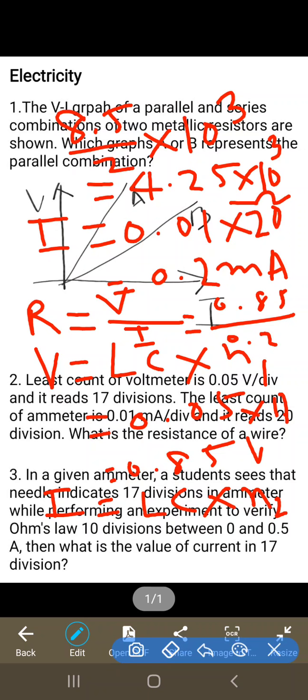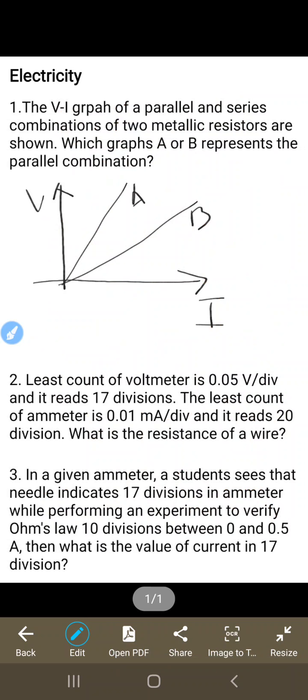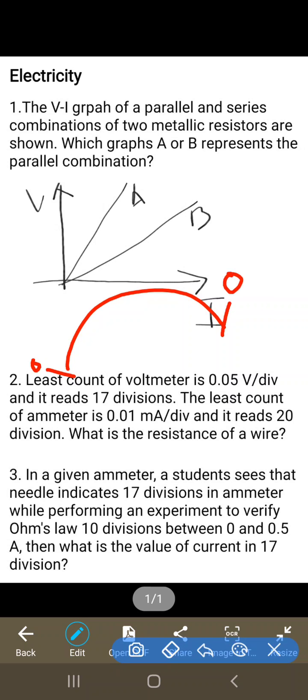Now I move to question number 3. In a given ammeter, a student sees that the needle indicates 17 divisions in an ammeter while performing an experiment to verify Ohm's law. There are 10 divisions between 0 and 0.5 ampere. So here the range is given, 0 and here I put 0.5.